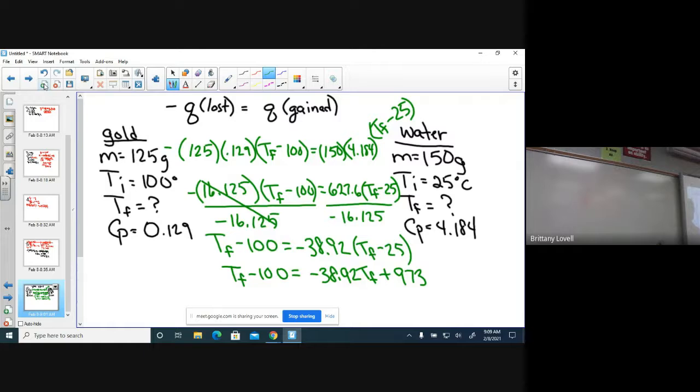Okay. So at this point, we've got to get like factors on the same side. We're going to take that 38.92 TF and move it to the other side. Because this is a plus and minus problem, I've got a negative 38.92, so I'm going to do the opposite and add 38.92 to both sides.